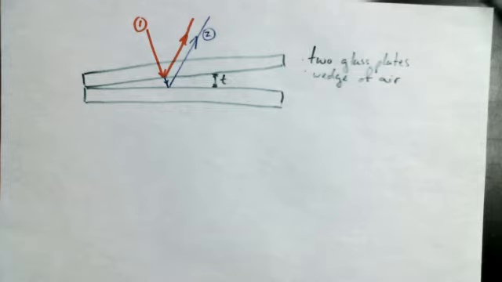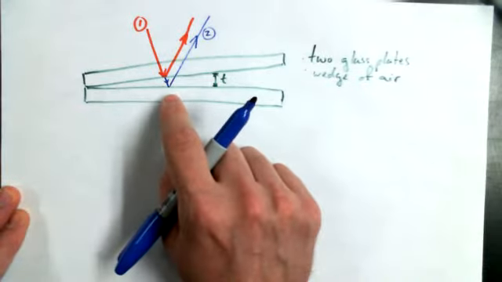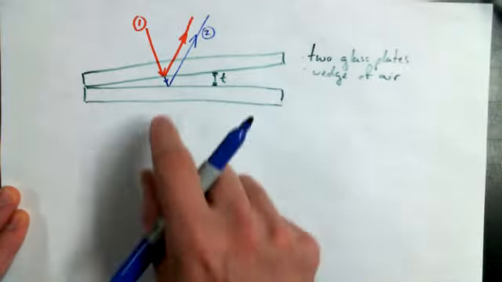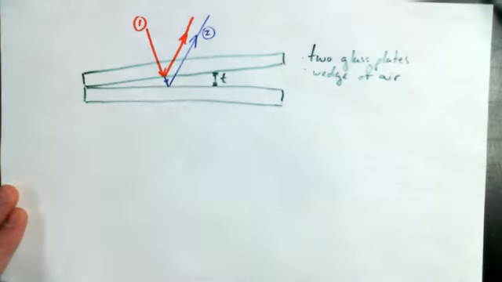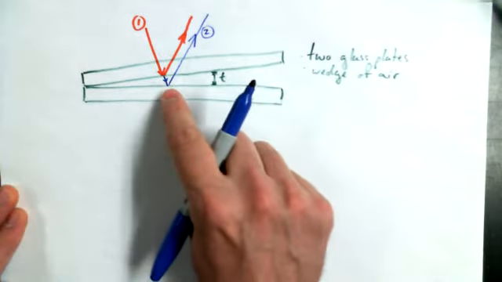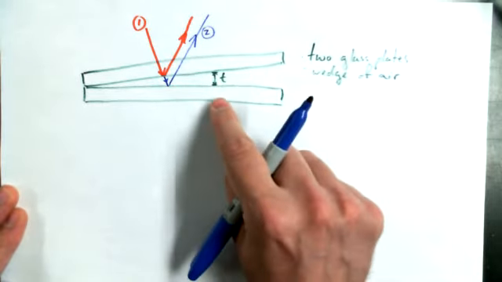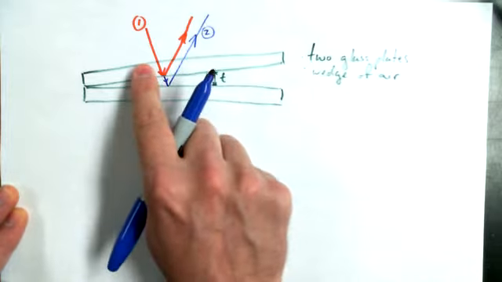Now, as it turns out, if you take a look carefully at this, we're really not talking about light being shone at an angle here, we're talking about light being shone straight on. We've only drawn it at an angle for simplicity purposes, for expressing the ideas. But if this light was shone straight on, then the blue ray, ray 2, would have traveled twice the thickness in terms of its extra distance relative to ray 1.